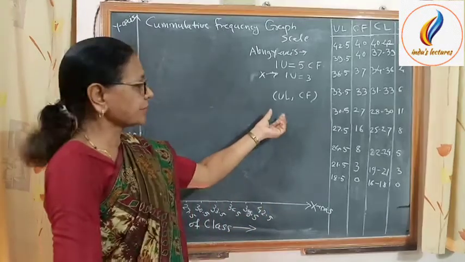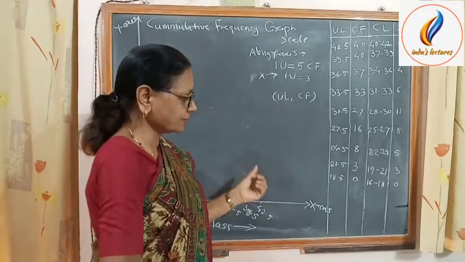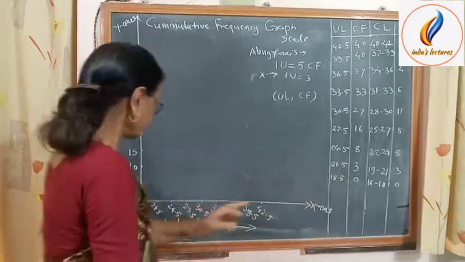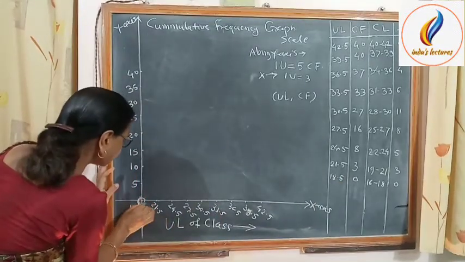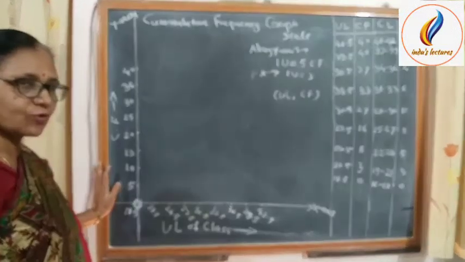Plot the points as upper limit comma CF, that means cumulative frequency. The first point is 18.5 comma 0, at the point of intersection of the axes. The next point is 21.5 comma 3.